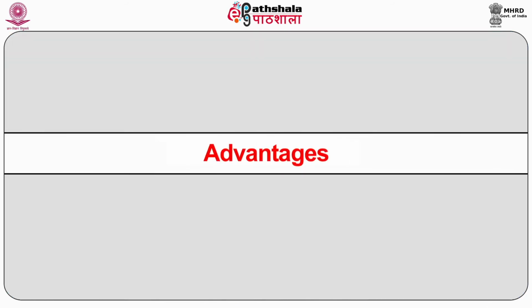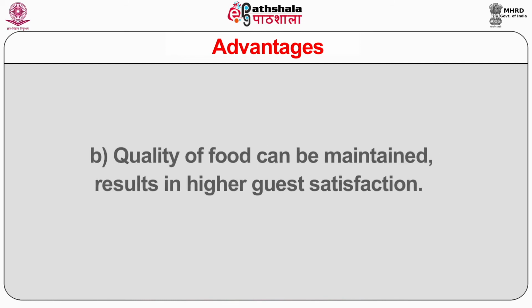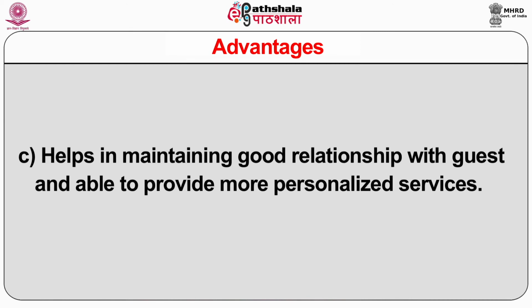The advantages of decentralized systems are that service is prompt as the waiters are stationed close to the room. Quality of food can be maintained, which results in higher guest satisfaction, helps in maintaining good relationships with guests, and makes it possible to provide more personalized services.